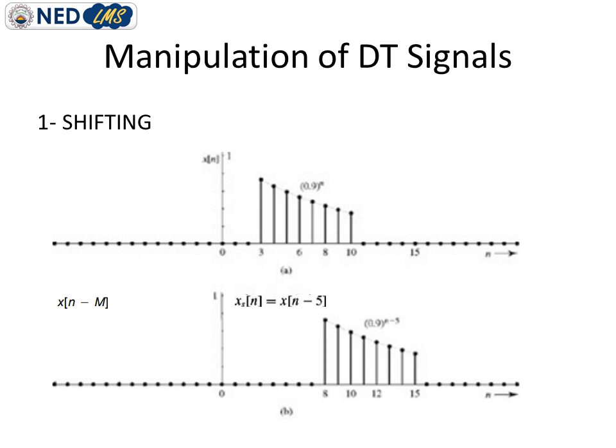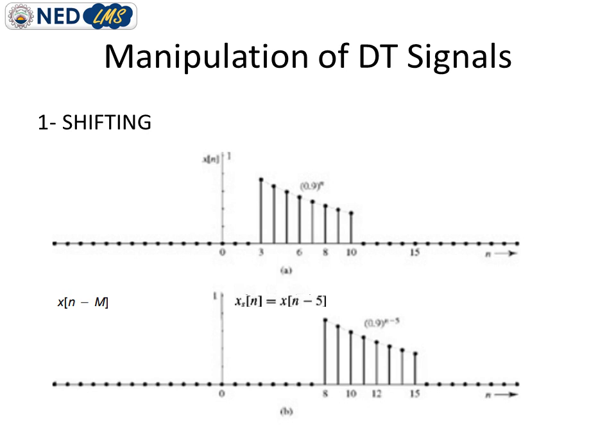The argument of x is n. So we replace x of n with x of n minus m, and that x of n minus m represents the shifted signal x of n, shifted by m units.